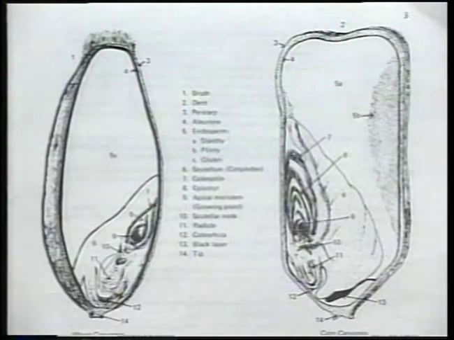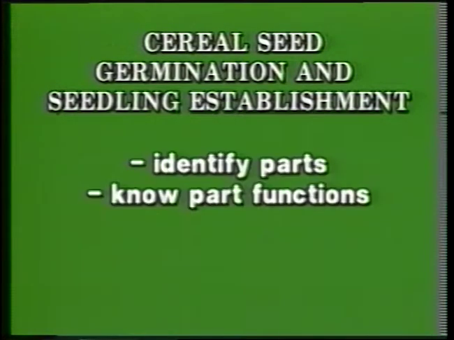As you studied the figure showing corn and wheat kernels in your text, you should have noticed how similar the parts are for the caryopses of the cereal crops. Now we'll continue with the section on cereal seed germination and seedling establishment. Your study goal for this section is to be able to identify seed and seedling parts and know their functions during germination and emergence.